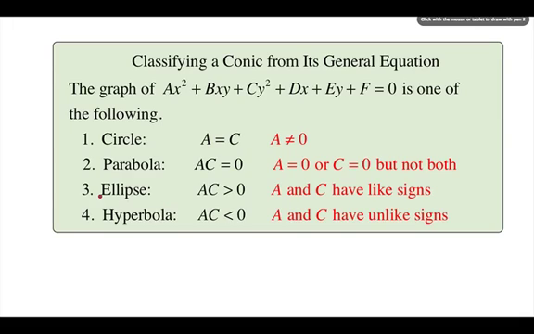And then you should be able to follow: ellipse when the product of A and C is greater than 0. And number 4 is a hyperbola if the product is less than 0. And this should make sense. And let's move on to the next slide in which we're going to apply this.